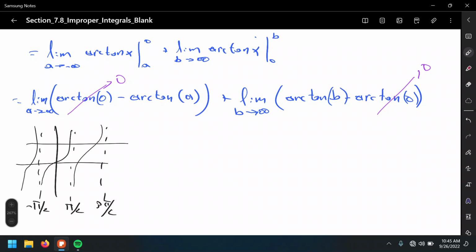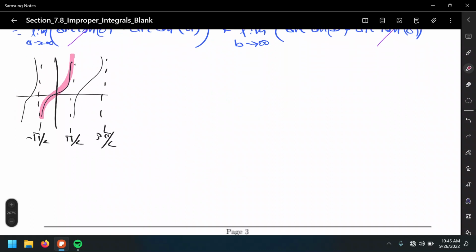At first glance, this function fails to be one-to-one. So for this reason, we need to restrict the domain of the tangent function to only negative pi over 2 to pi over 2, and only then will we be able to define an inverse function for tangent.